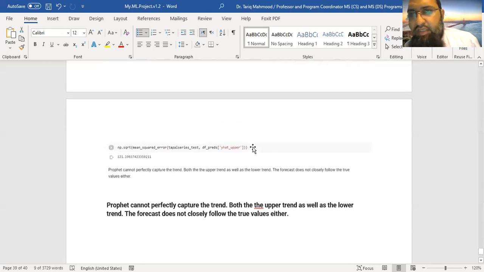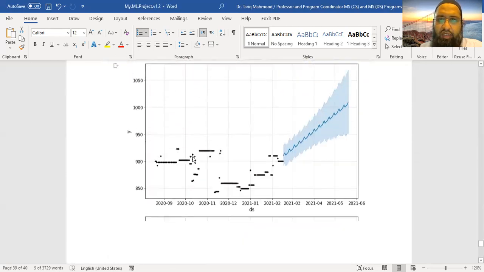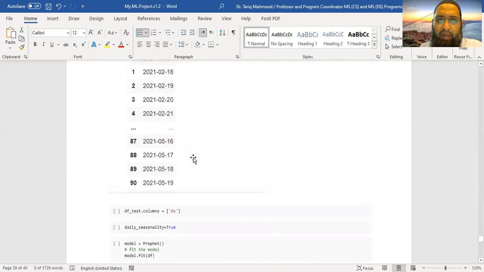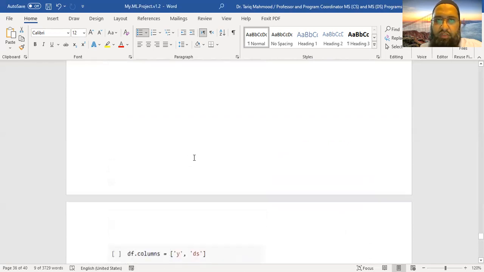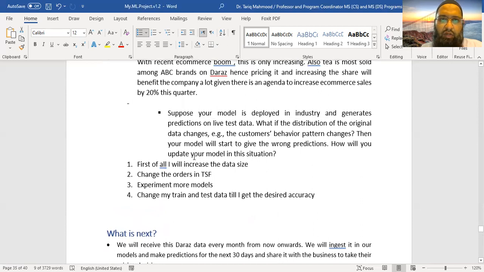Actually, the problem in this case is that you need to tune the models. But I think the student here has not actually tuned it properly. Otherwise, Prophet is not something which is a lightweight thing. You can tune Prophet definitely. I know many people who are using Prophet in the industry and they're doing big things.